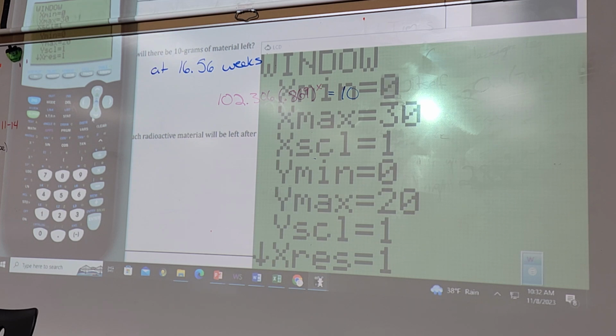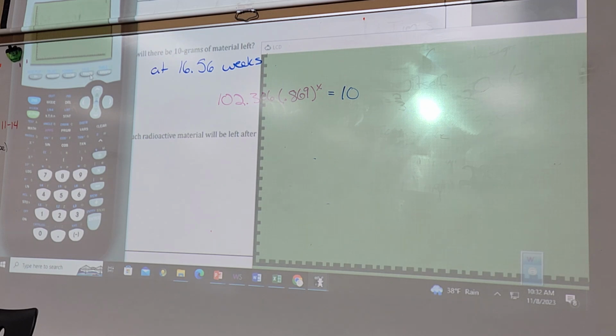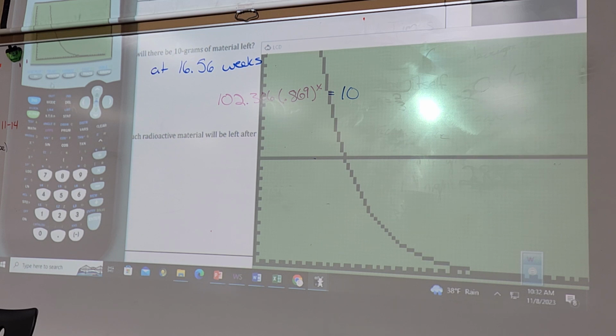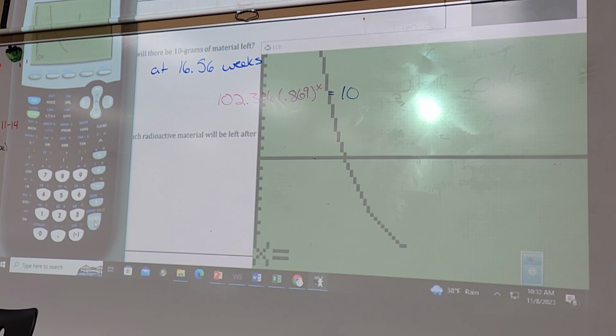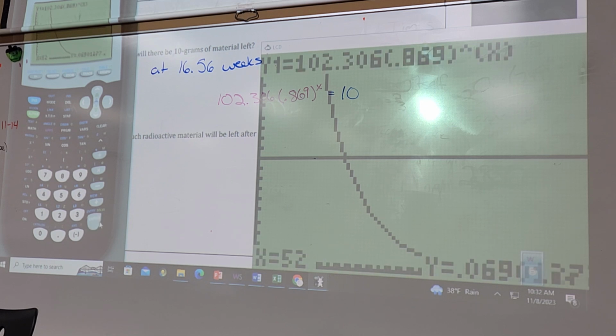I'm plugging in 52, right? So I need to make sure it's on the graph, so not 0. Well, it has to be in your window. So now I could plug it in. Second, calculate, value, 52. 52 weeks is a year, guys. So I got 0.069.